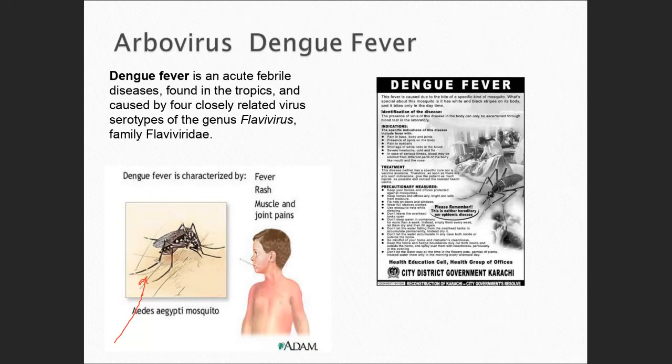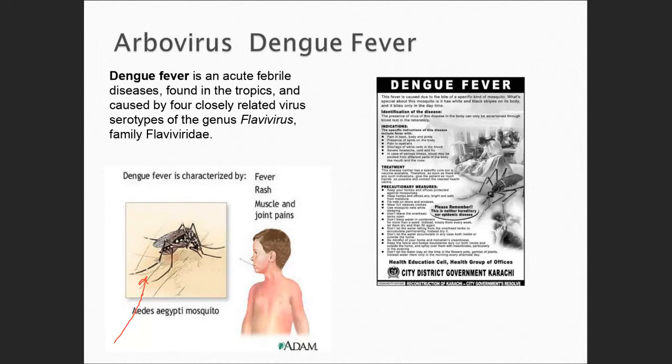Sometimes it gets much more serious, and it can cause severe pain, muscle and joint pain. It's got a common name. It's called bone break fever, because some of the people will say that there's so much pain associated with it that it feels like their bones are breaking, right? It is also potentially hemorrhagic.